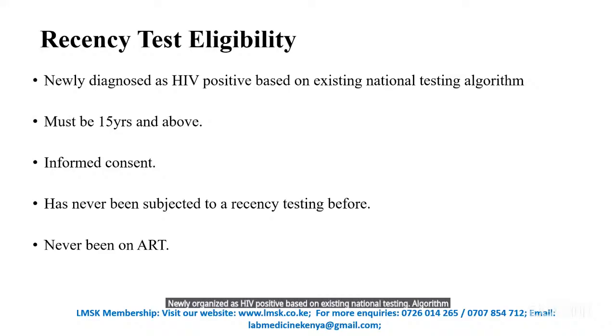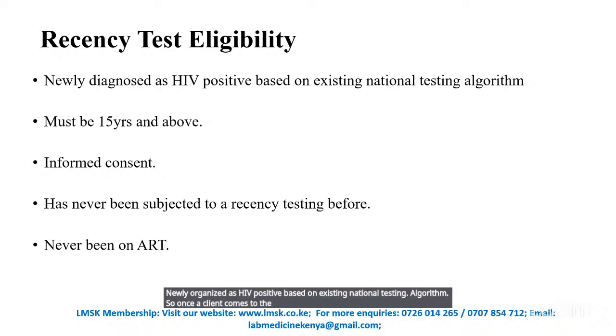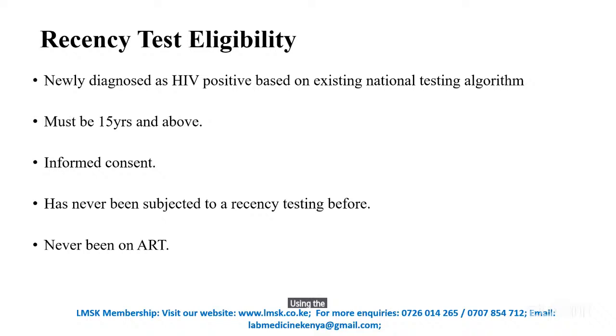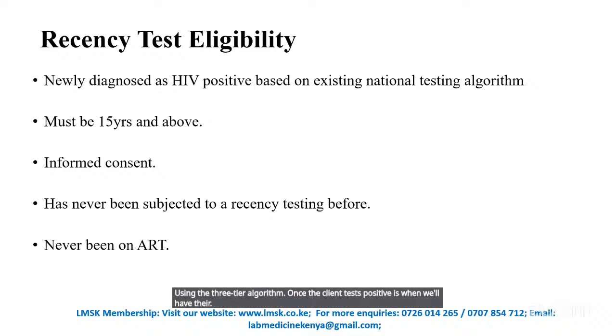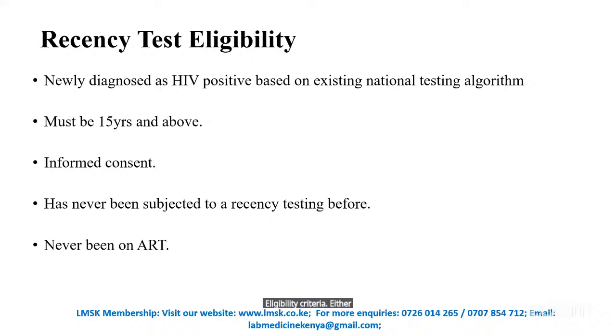Once a client comes to the facility, the client will be tested using the 3-tier algorithm. Once the client tests positive, that is when we have the eligibility criteria to get this client to undergo the recency testing assay.